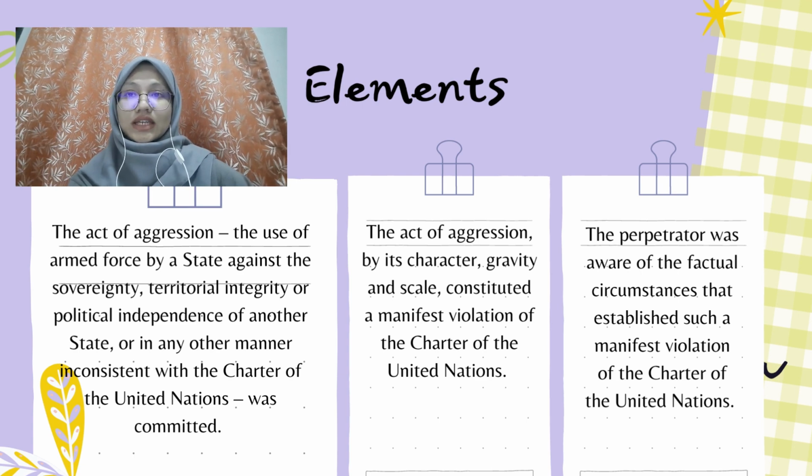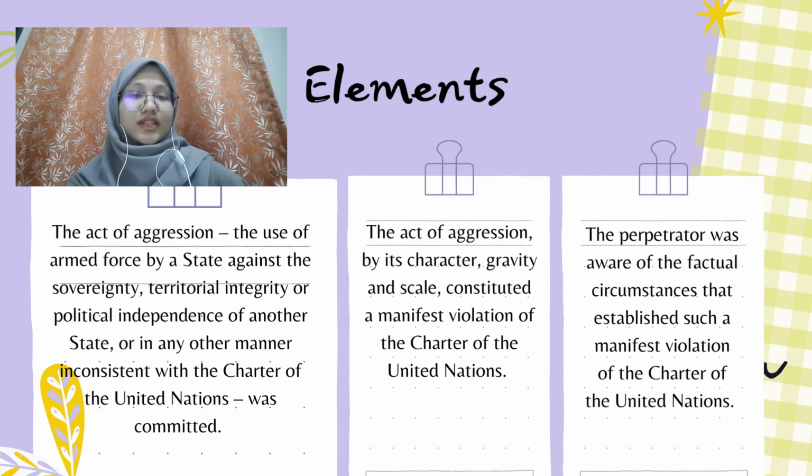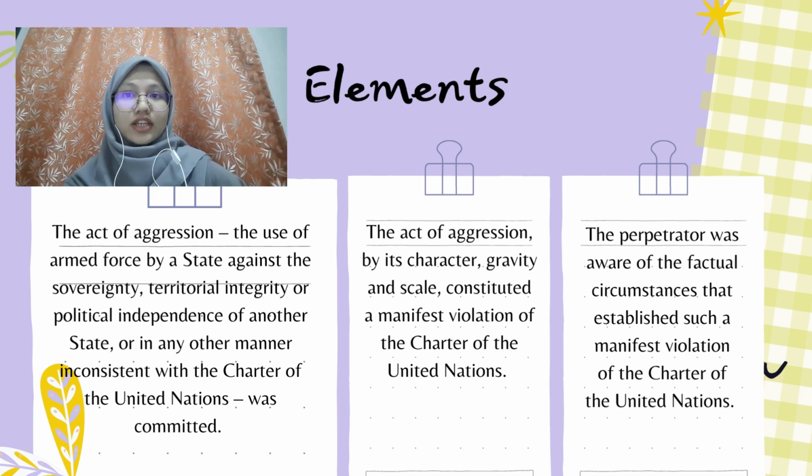Next, the act of aggression by its character, gravity and scale constituted a manifest violation of the Charter of the United Nations. And lastly, the perpetrator was aware of the factual circumstances that established such a manifest violation of the Charter of the United Nations.